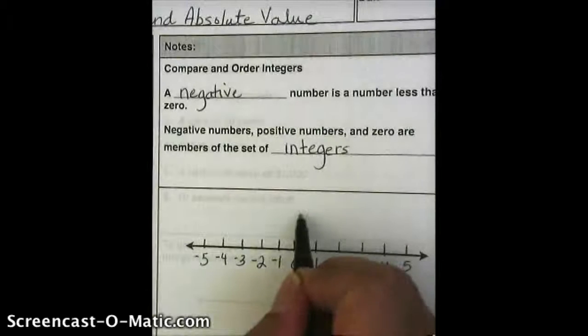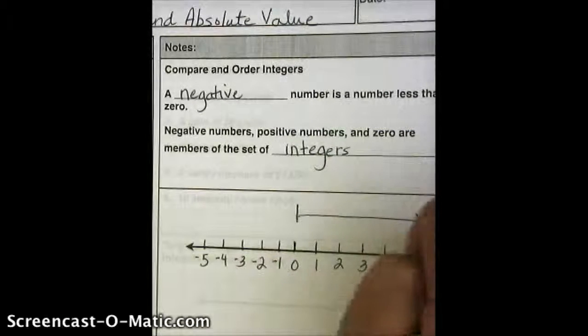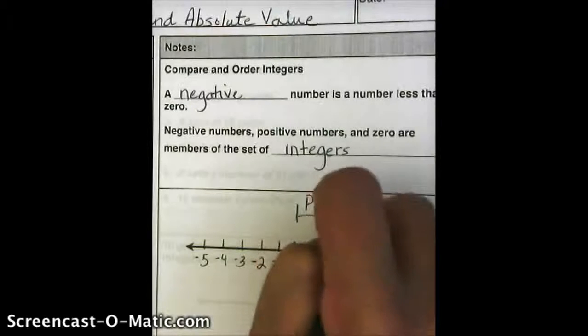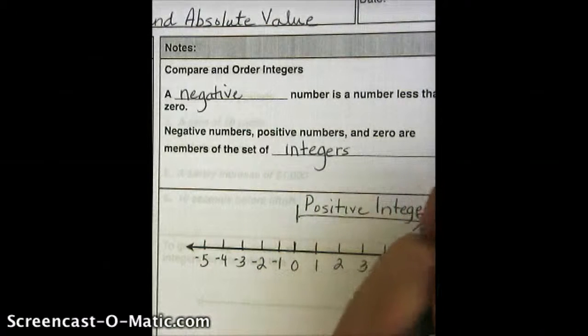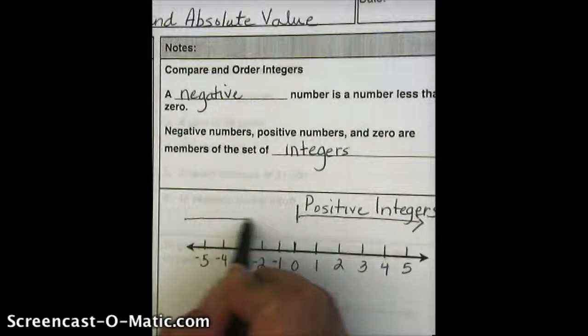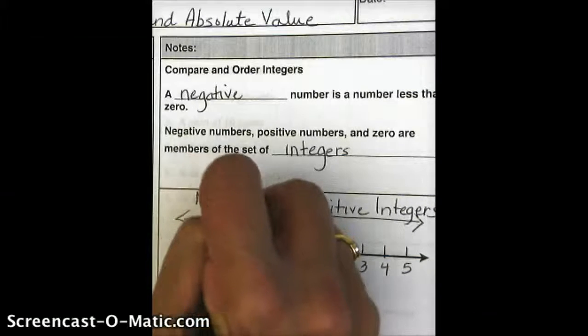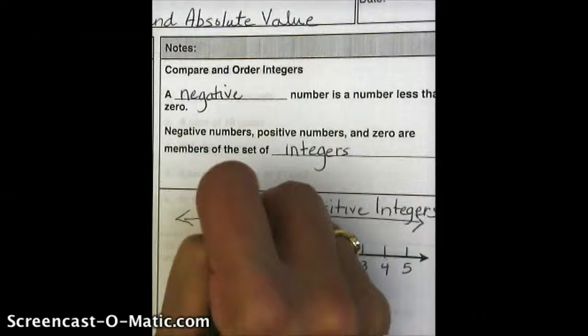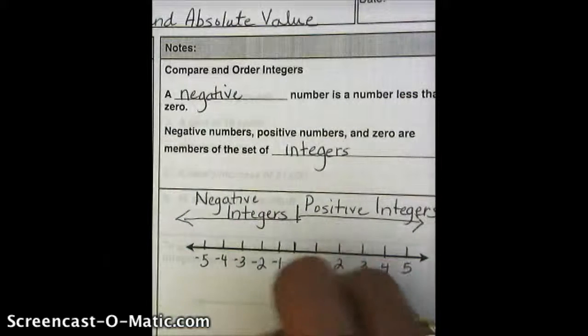So if we look at our number line, all of our numbers that go to the right of 0 are going to be our positive integers. And all of the numbers that go left of 0 are going to be our negative integers. And that leaves us in the middle with 0.